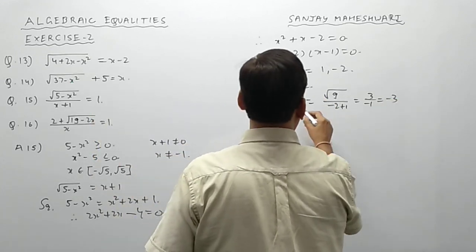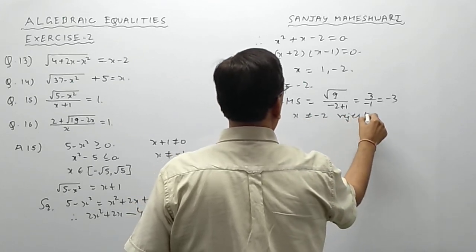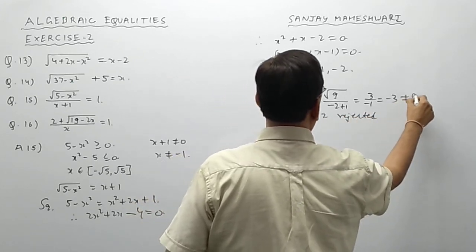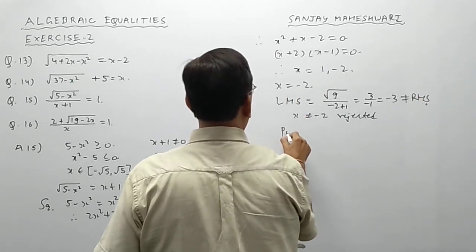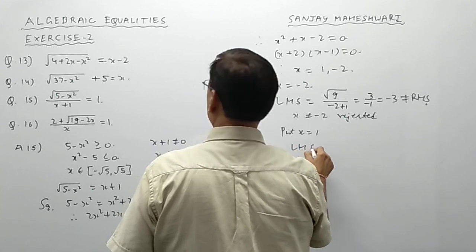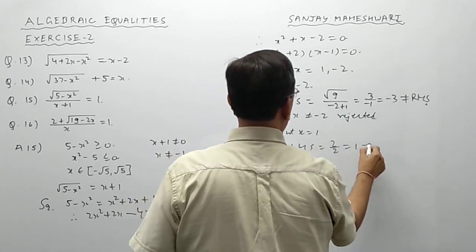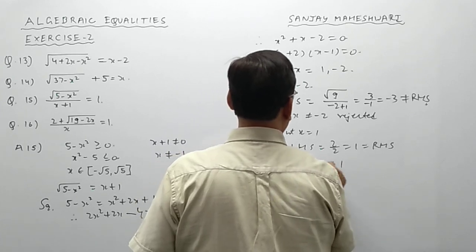Therefore this value is not accepted. x is equal to minus 2, rejected. So we will put x equal to 1. So LHS equal to 2 upon 2 is equal to 1 is equal to RHS. Therefore answer is x equal to 1.